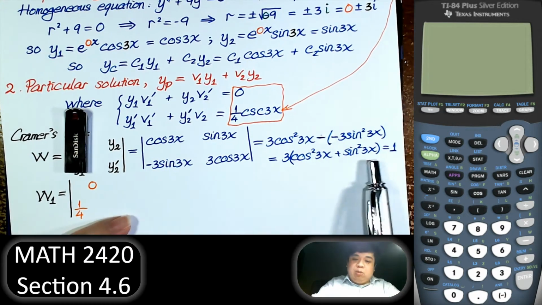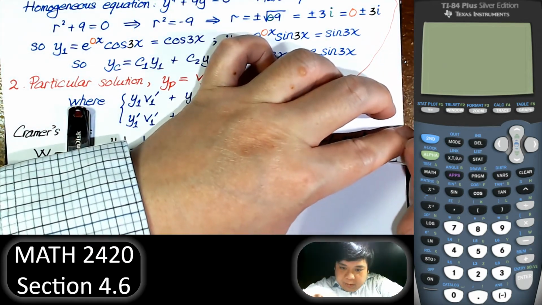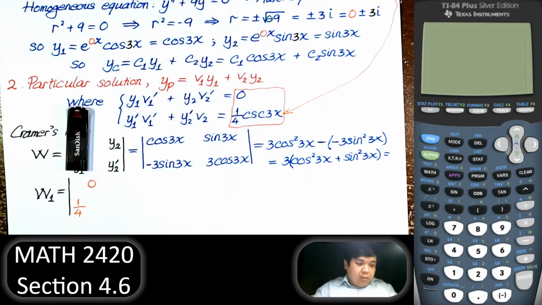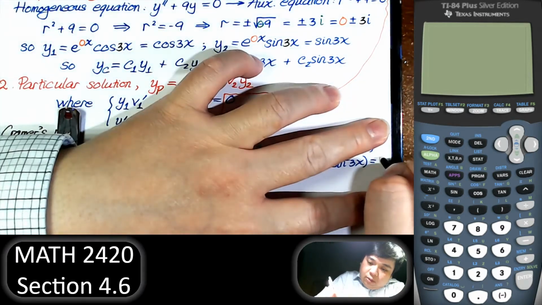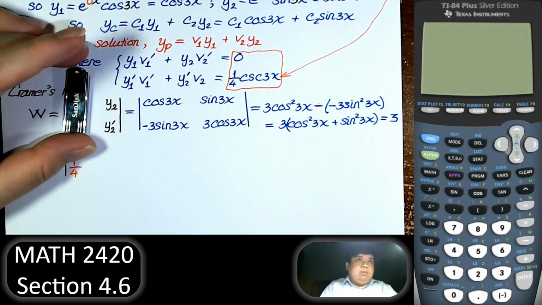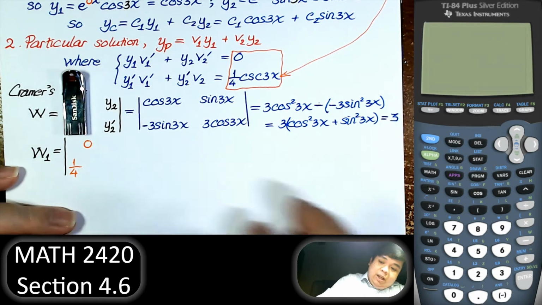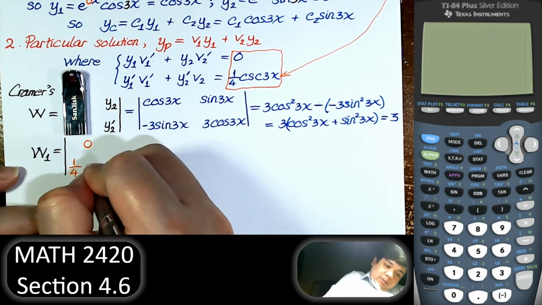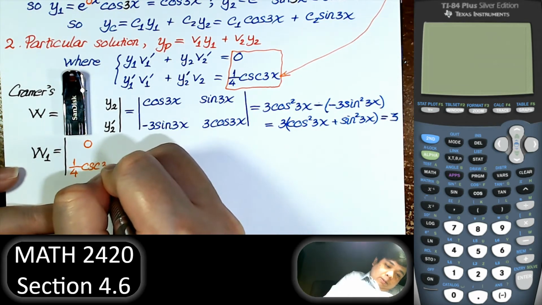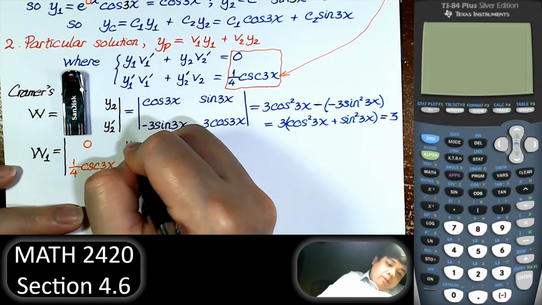By the way, 3 times 1 is 3. Right, so I put the last column into y1 instead of y1 prime, and then still y2 and y2 prime.